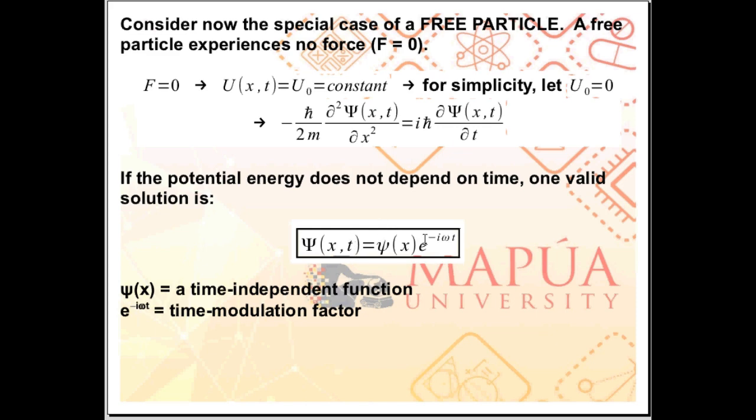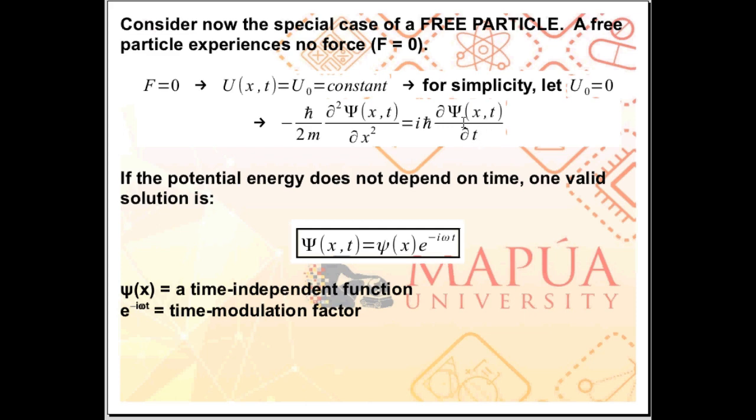One thing you will notice with regards to small psi, if we go back to the previous equation, on the left side, we are differentiating psi with respect to x 2 times, whereas on this side, we are differentiating psi with respect to time.